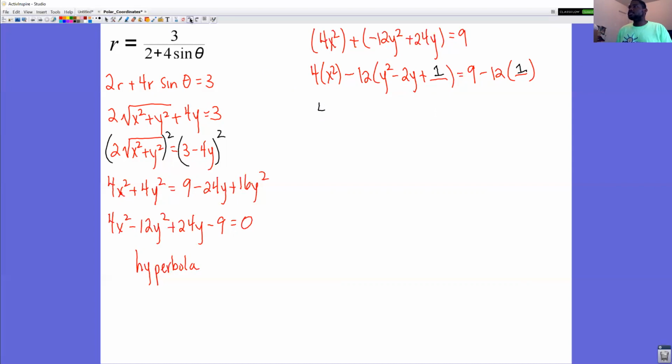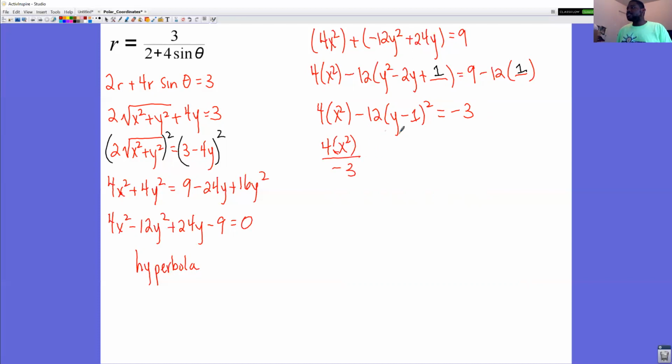4 x squared minus 12 times y minus 1 all squared equals -3. And we're going to divide everybody by -3. So that gives us 4x squared over -3.